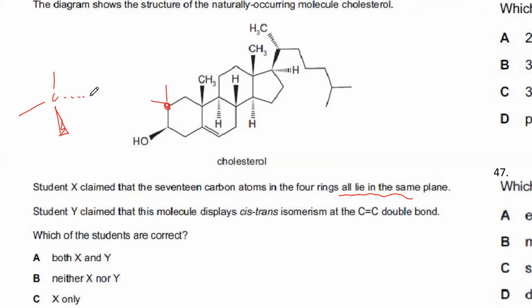The dotted line is going into the page, right? So when carbon atoms make 4 bonds, it's tetrahedral and they can't lie in the same plane. Carbon lies in the same plane when it's making double bonds. When it's making double bonds, it is fan shaped. That's lying in the same plane at an angle of 120 degrees. But apart from these 2 carbon atoms, none of them are lying in the same plane.